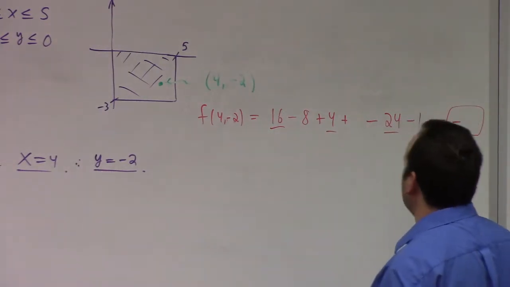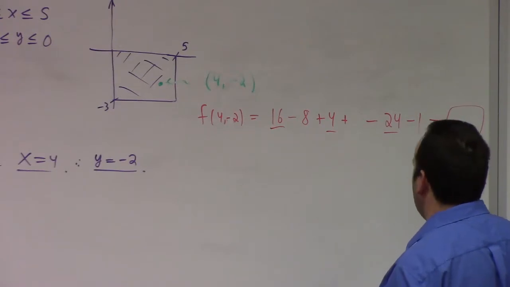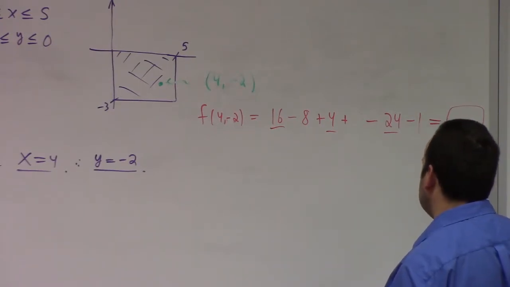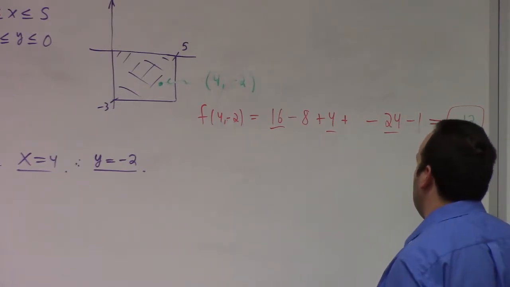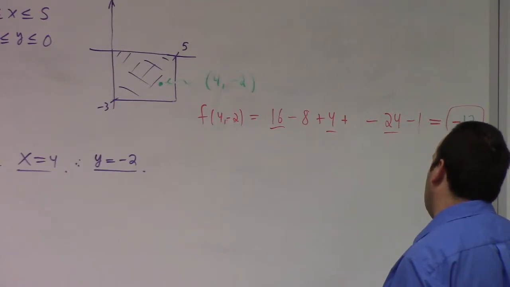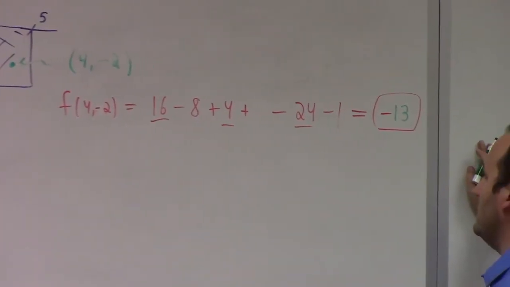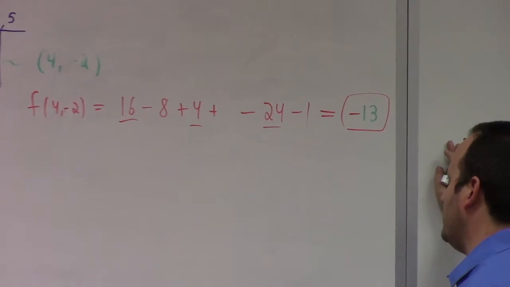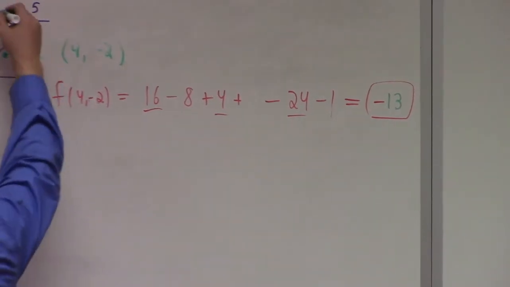So I guess that makes this a... -13? -8 plus 4 is -4, -4, -20. What? No. 8 plus 12. Yes, -13. All right. So, getting back to the story here, we've got 4 things to think about.